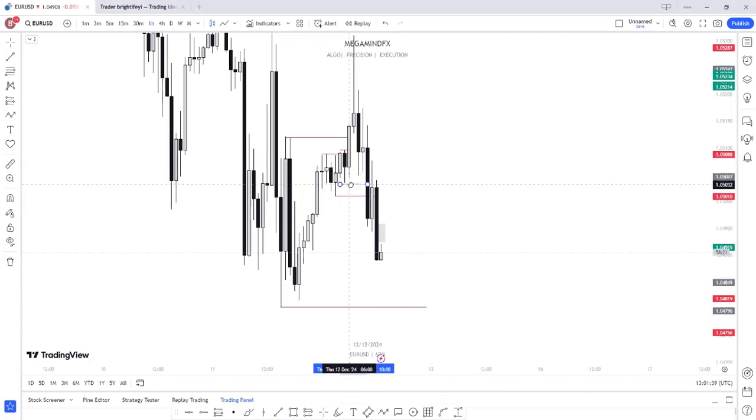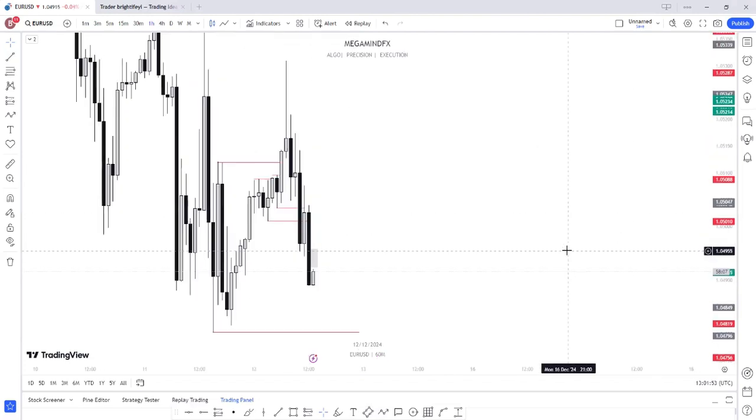So this is basically how I trade. I mark out these highs and lows, all the highs and all the lows I can find. Now, there are things I consider before getting into a trade, and I'm going to show you.